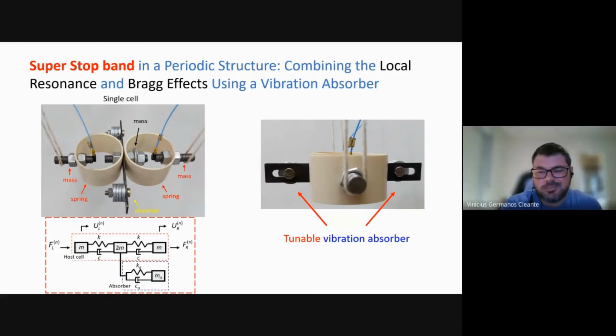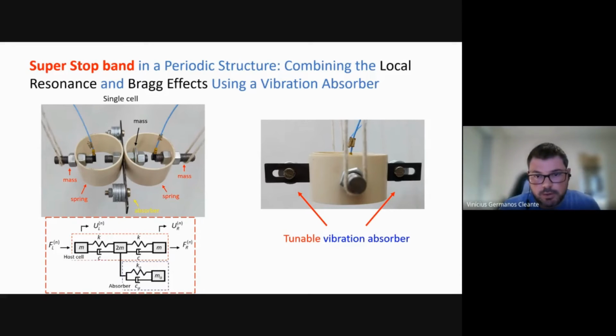Please go ahead, Vinicius. Well, we do believe that some kind of damping device could improve this attenuation effect, but the main feature of this super stop band of connecting this resonator device in the structure is to break the bounding frequency.